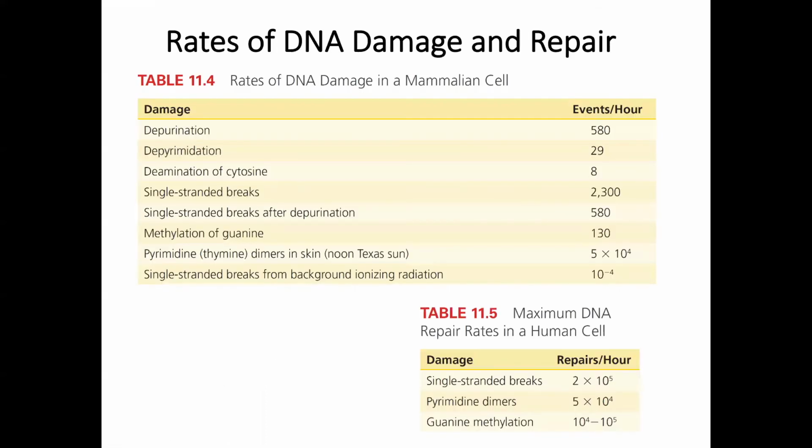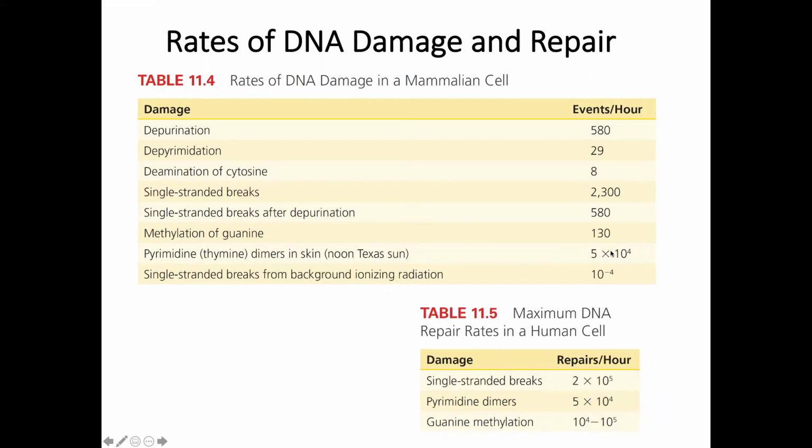While you sit here doing nothing, there is actually a lot of DNA damage happening in our body, okay? See this table? These are the rates of DNA damage in a single cell, okay? This is a single cell. If you stand outside for an hour during the noontime, particularly in summer, then each of your skin cells will have 50,000 damages, okay?